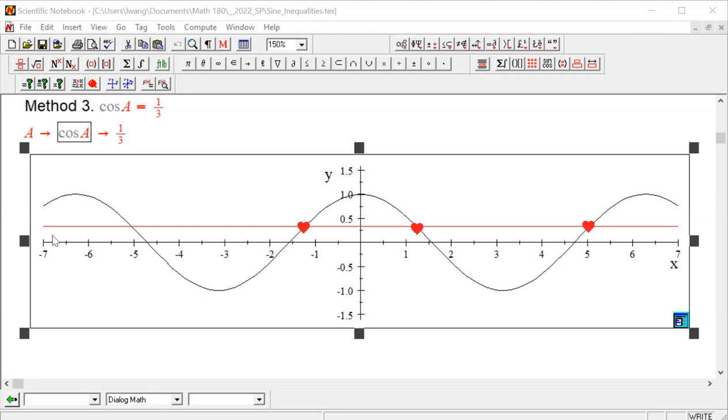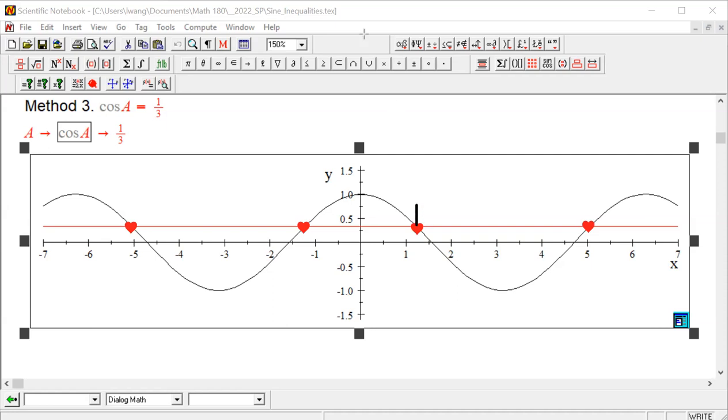All these points have input and output, right? So for example, this point, the ratio, okay, I'm going to mark the ratio is a cosine ratio, right?